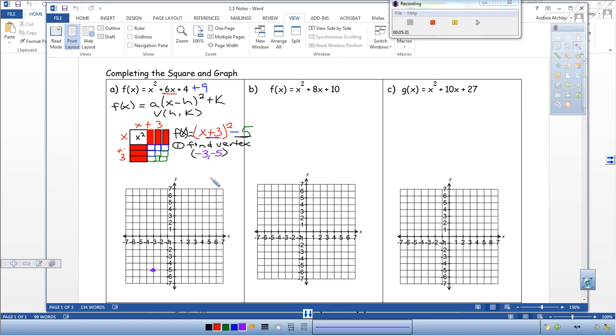Now the a value is the number in front here. So step 2 is find a. And so a equals 1. Now to see how wide our graph is, we use our pattern. The first one is a over 1. In this case, it would be 1 over 1. So from here I go up 1 and left 1, up 1 and right 1.